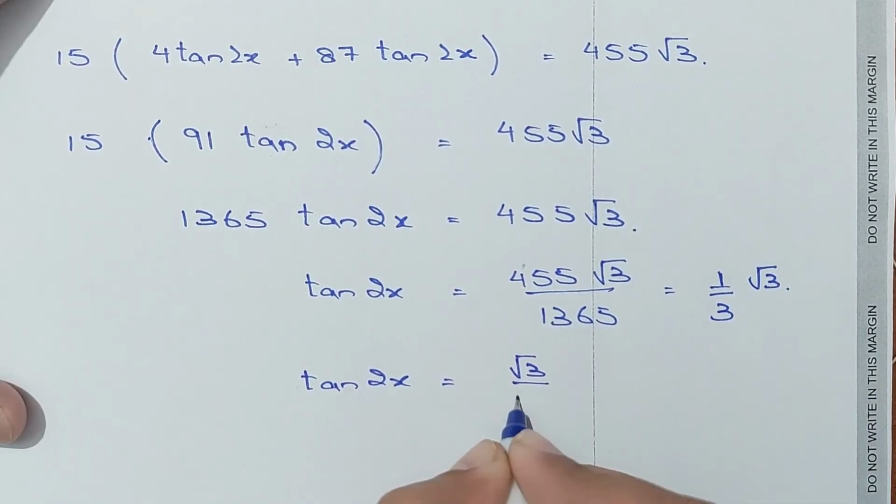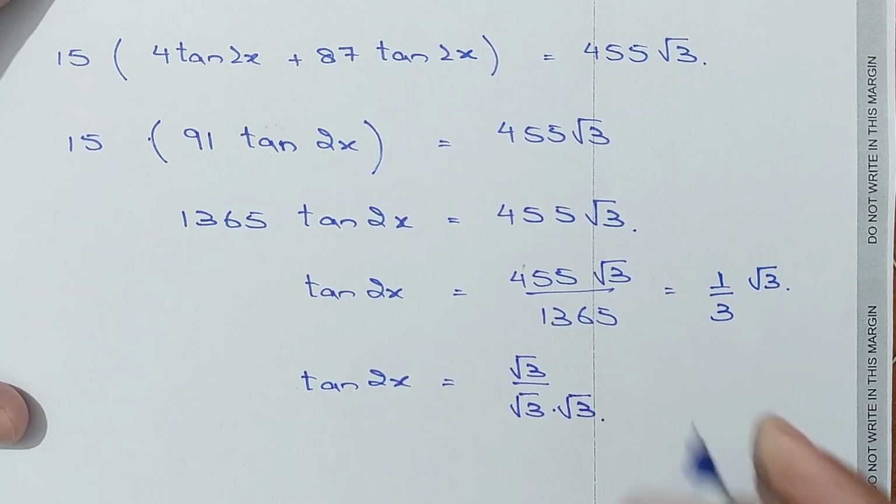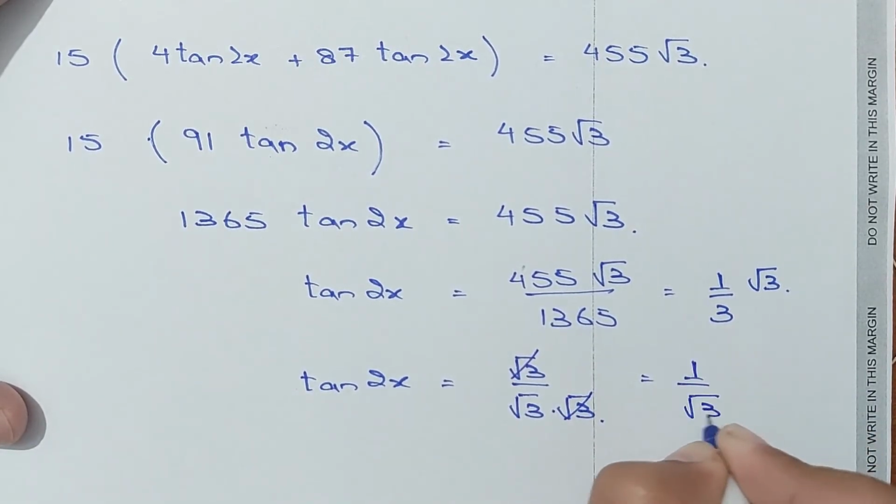We can write 3 as root 3 into root 3, since root 3 squared becomes 3. These cancel out, so it is just 1 over root 3.